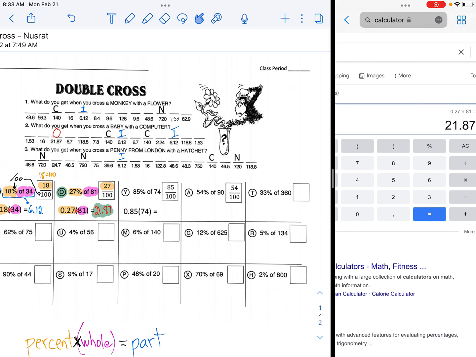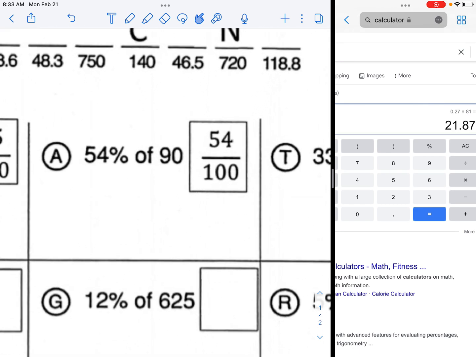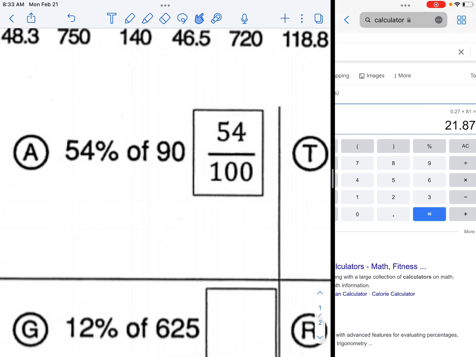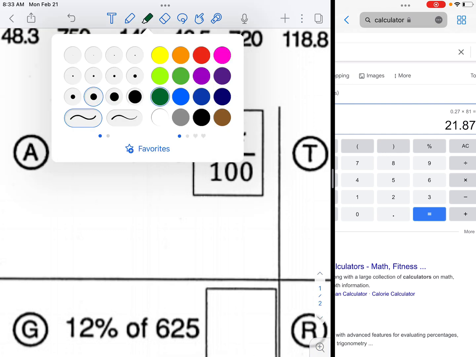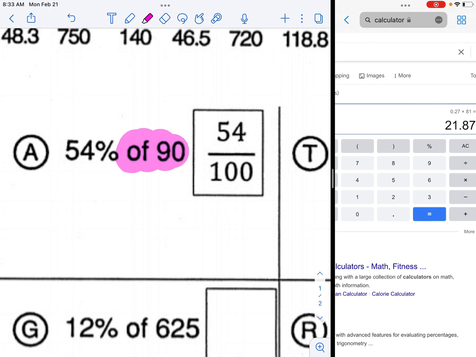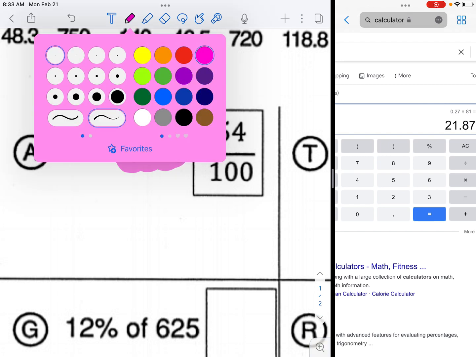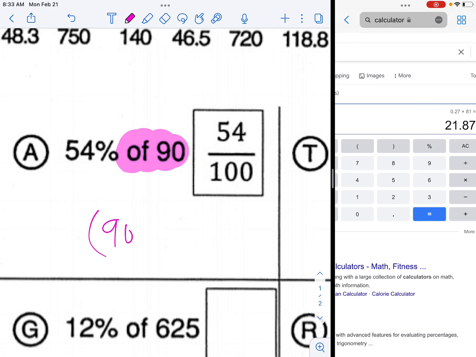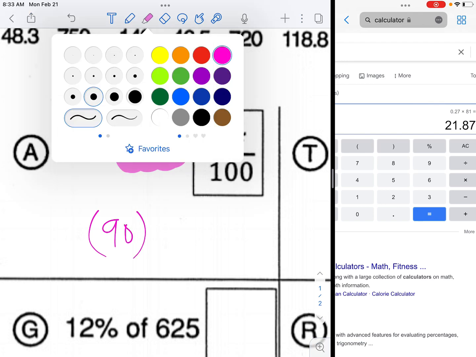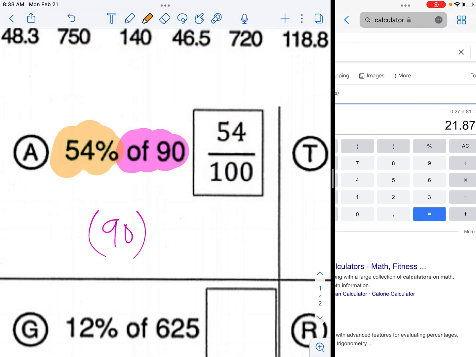All right. I'm going to skip ahead to A. It says 54% of 90. So I see that it says of 90. So I'm going to put 90 in parentheses. And then the percent is 54%. So put that in my calculator. 54 divided by 100 equals 0.54. Write that out in front. 0.54, 0 and 54 hundredths.